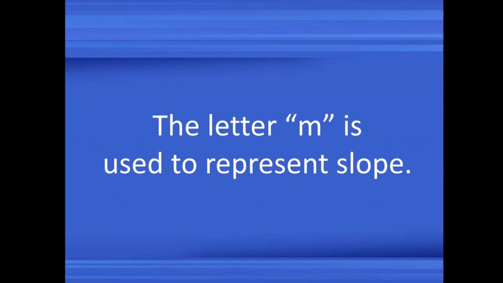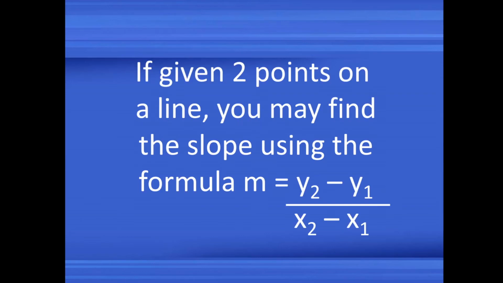And how do we actually calculate the slope? What is the formula for that? We have the formula m is equal to y2 minus y1 over x2 minus x1. It's a pretty simple formula that we can use.